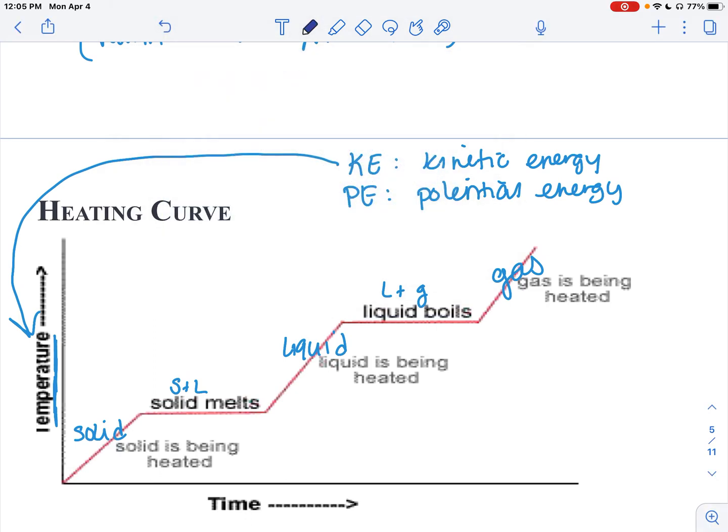So on all of these diagonal lines, the KE is increasing. On the horizontal lines, the potential energy is increasing. And that's not related to temperature, so that is why it doesn't go up.